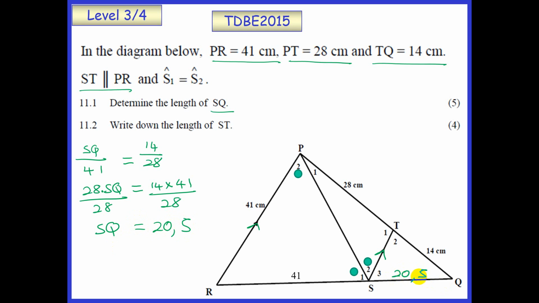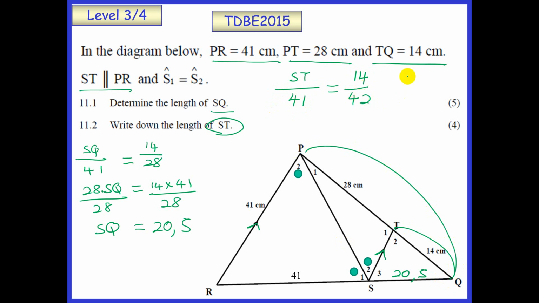And then the next question is to find ST. And I think I showed you that ST over PR, which is 41, will actually be equal to 14, that's QT, over the entire side, QP, which is 42.